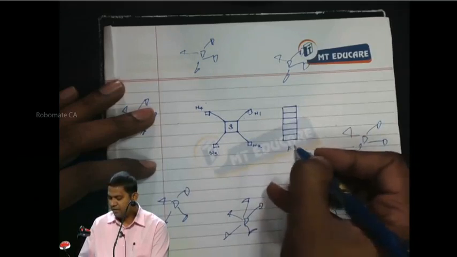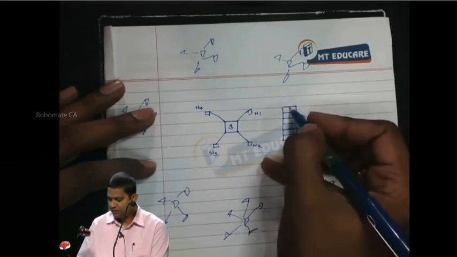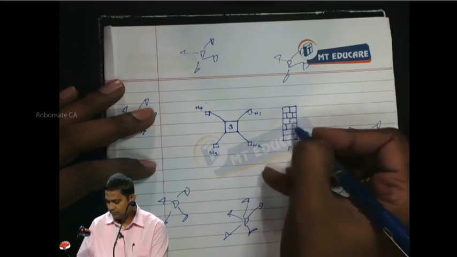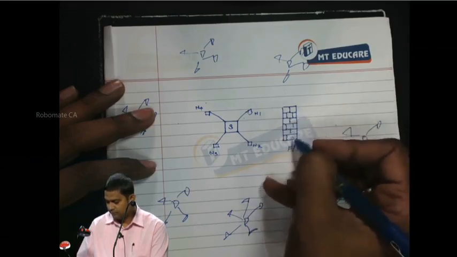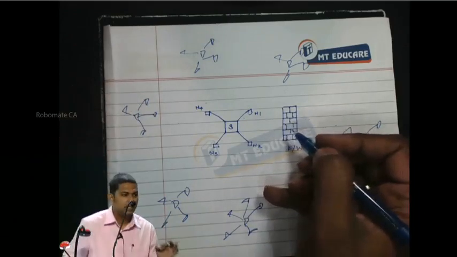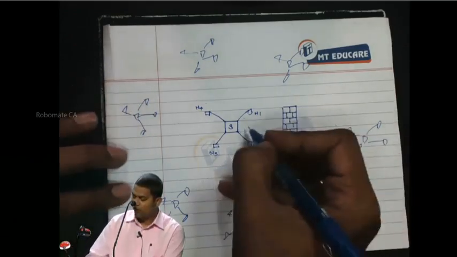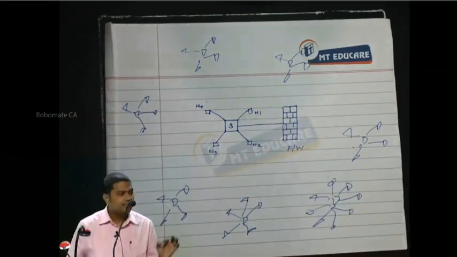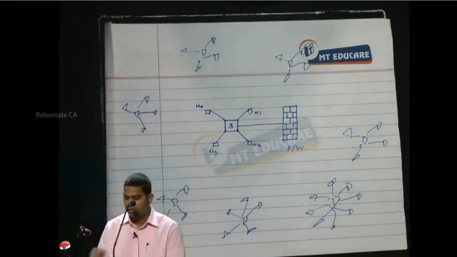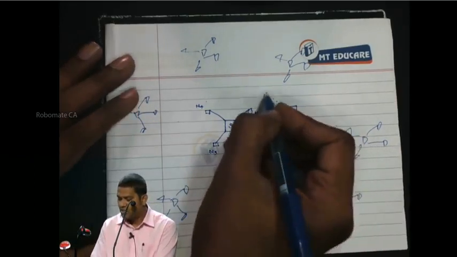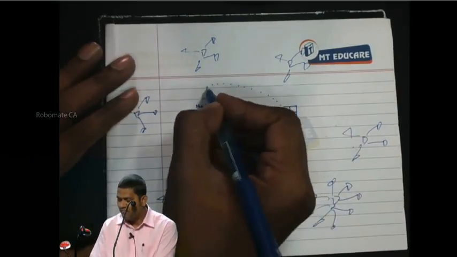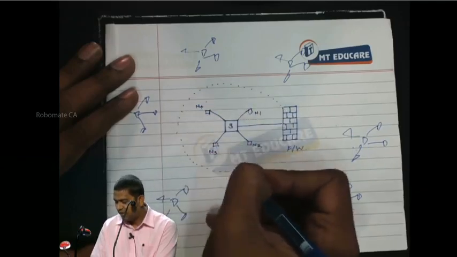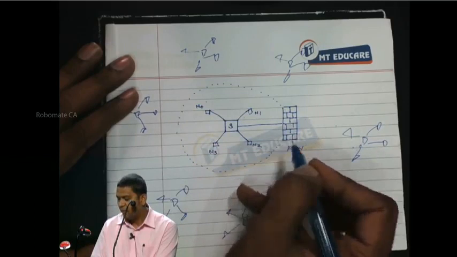Now listen. This firewall will be connected to the server, and as soon as it is connected, it will create a sort of invisible shield around our network, and that's how our network will be protected.